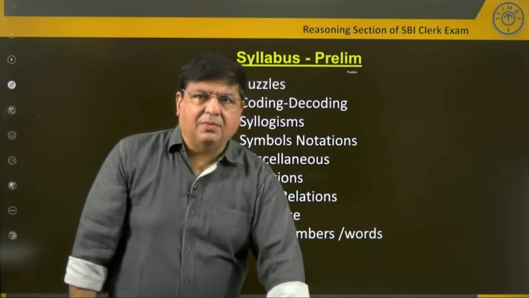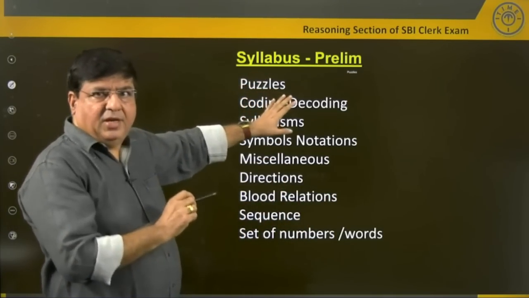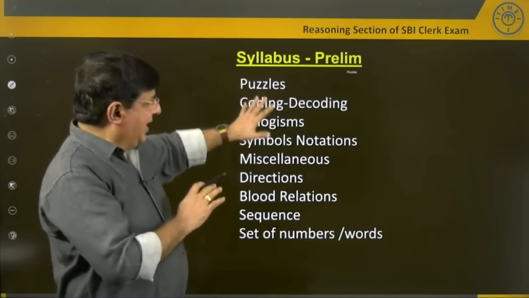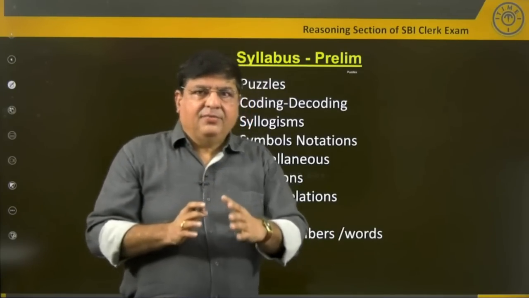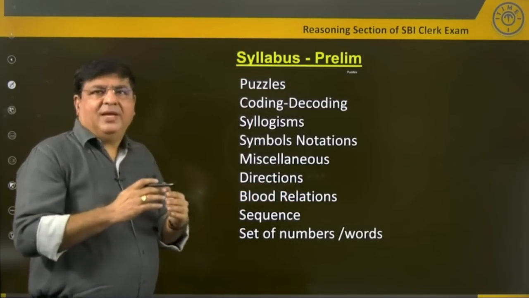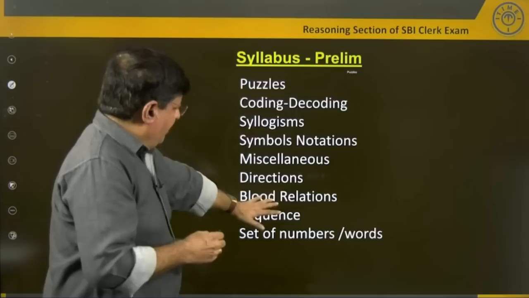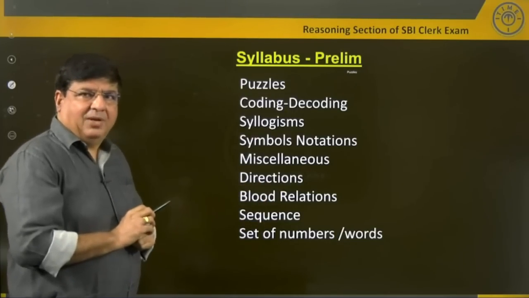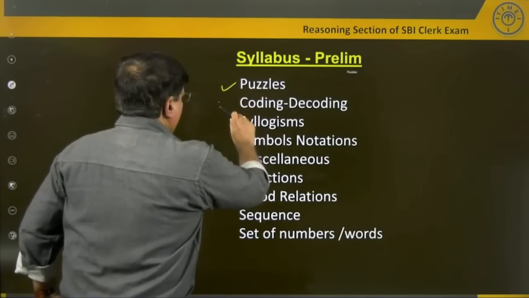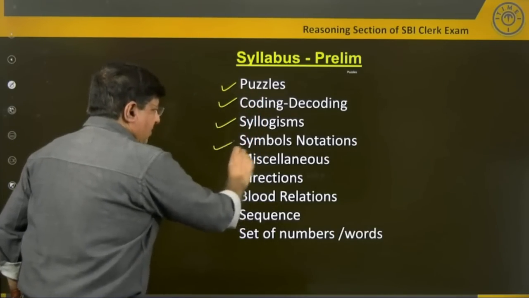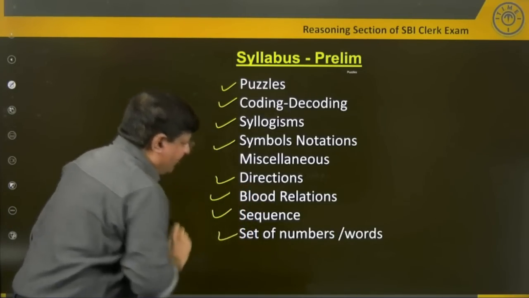This is the broad syllabus of the prelim exam of the reasoning section. As I told you, this video is on reasoning only, so at every point I will not be mentioning that it is the reasoning section. These are the broad topics: you get questions from puzzles, coding decoding, syllogisms, symbols notations, directions, blood relations, sequence, and set of numbers.